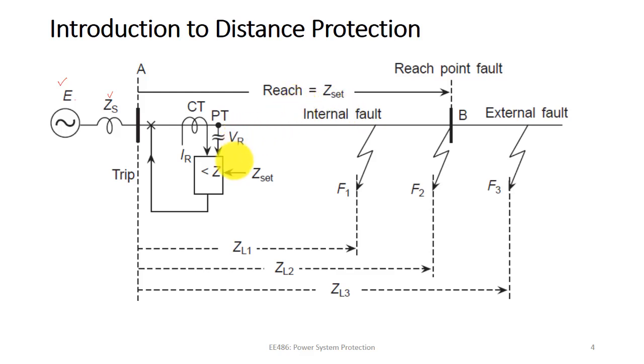And let us say there is a relay which is connected with CT and PT. Through CT we are feeding the current, and through PT we are feeding the voltage VR, right?